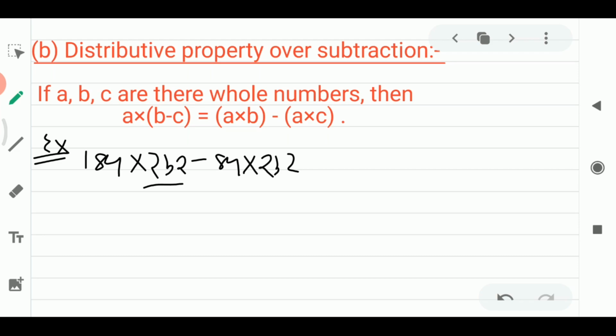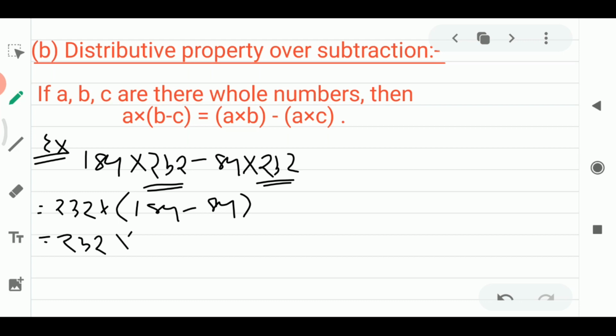This 232, we will take this 232 as common. So 232 into, now if we take 232 out, it will be 184 minus, here will be 84 only. Now 232 into 184 minus 84, it will be 100. Now 232 into 100 is 23,200.